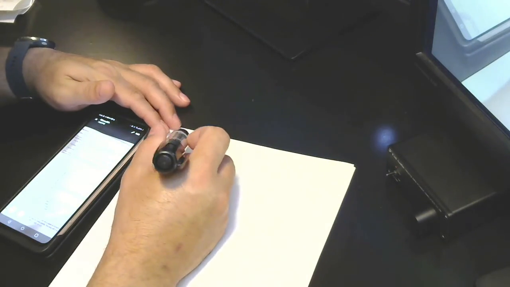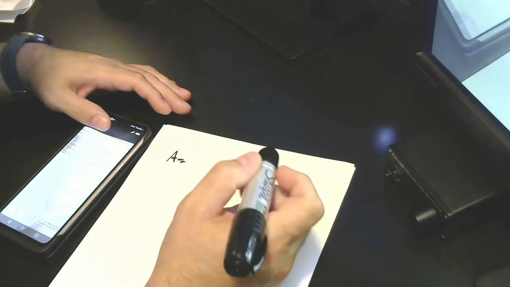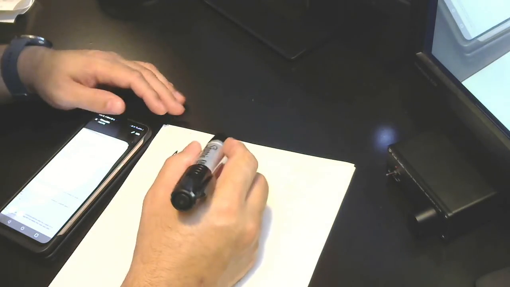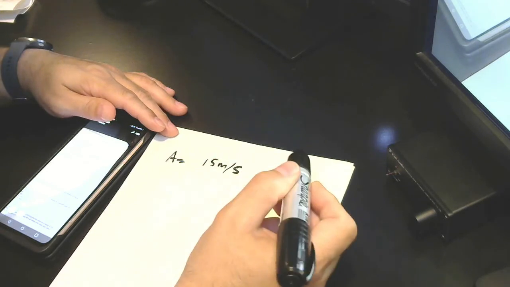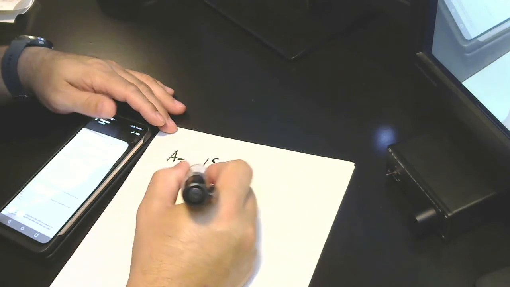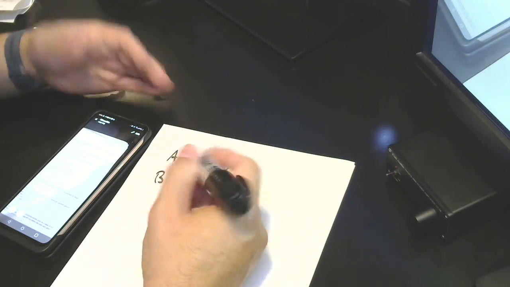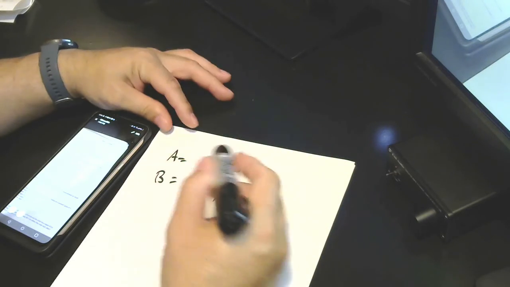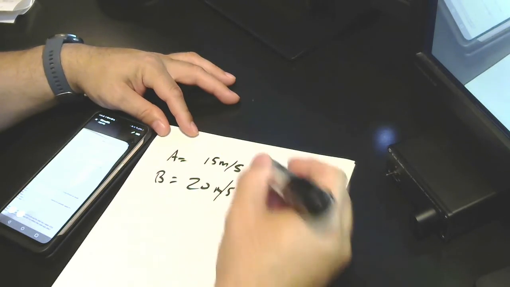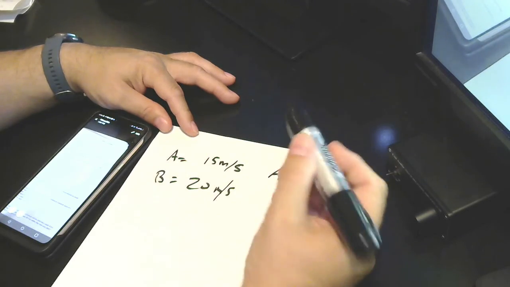We know that car A is traveling at 15 meters per second, and car B is traveling at 20 meters per second. We basically want to know how much time is going to pass before they're at the same distance.